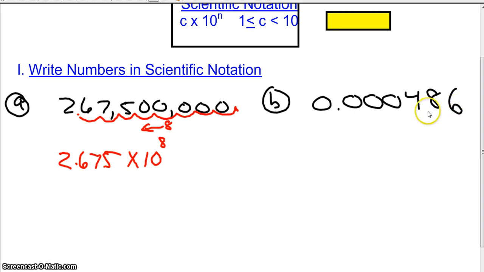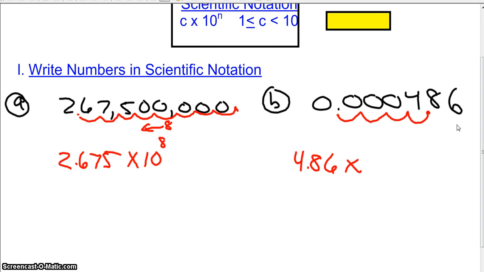There it is, millionths. So you would say 486 and then name the place value millionths. Okay? So how do we change this to a number between 1 and 10? Haley? Good, move it to the right. 1, 2, 3, 4. Right there. We end up with 4.86.